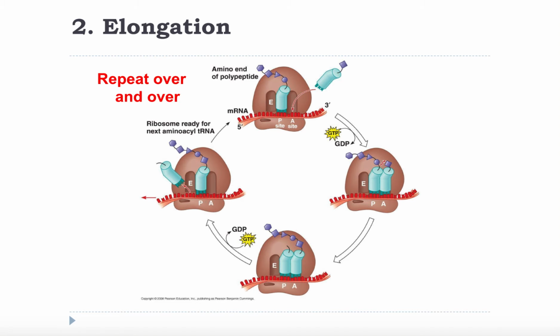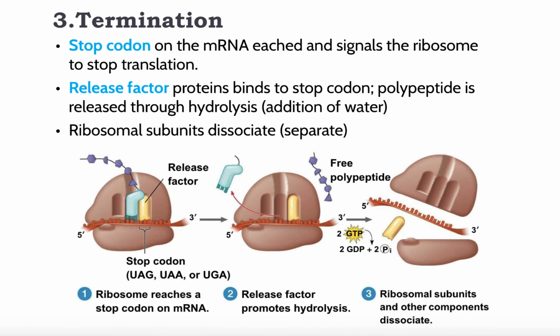And you repeat this over and over as you go into each new added amino acid and you reach each new codon. Then when you hit the very end of the mRNA sequence, or maybe not the very end, it might be somewhere in the middle if there's a mutation. But if you get later in the mRNA sequence and you hit one of the 3 stop codons, that stop codon doesn't lead to a new tRNA coming into the A site.